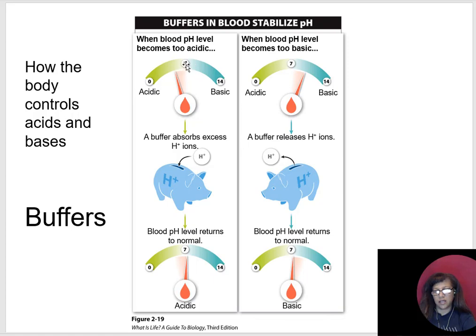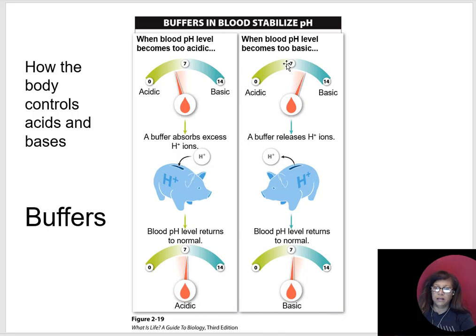It's no longer just a tad bit more than 7. It's less than 7. Then a buffer actually absorbs those extra hydrogen ions, because remember, acidic means that you have more hydrogen ions running around. And so because of this buffer, your pH level returns to normal. So you're no longer acidic because the buffer actually absorbed the extra hydrogen ions.